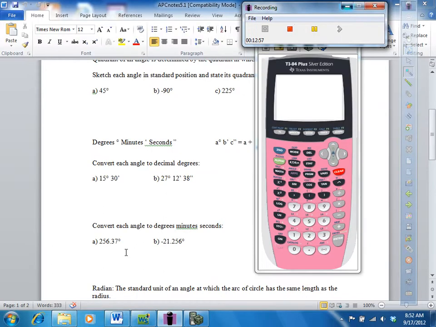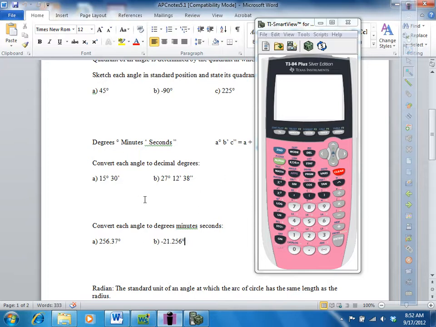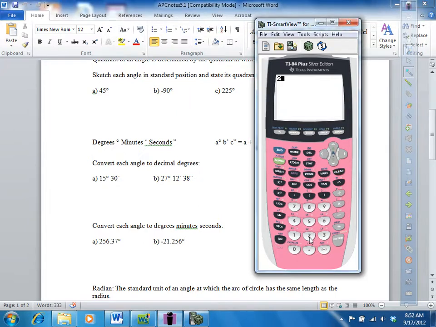So if I want to do this on my calculator, what I can do, if I want to convert each angle into degrees, I can go 27, and then you go second, where's the angle? It's somewhere over here. Angle, degrees. See that?